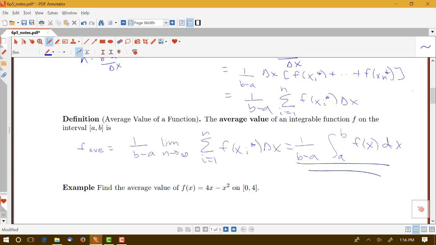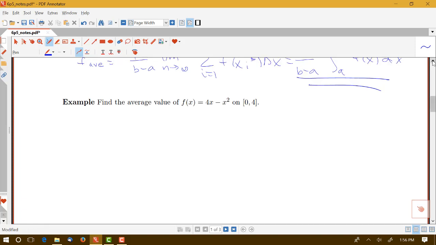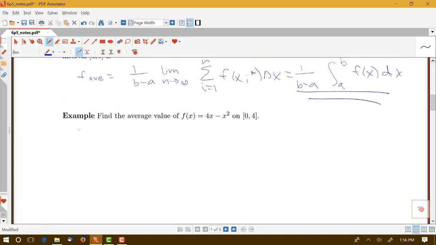So let's just look at one basic example where we apply this average value formula. I have this function, 4x minus x squared on the interval from 0 to 4. Applying our formula, we have f average equals 1 over b minus a, in this case 4 minus 0, times the integral from 0 to 4 of 4x minus x squared dx.